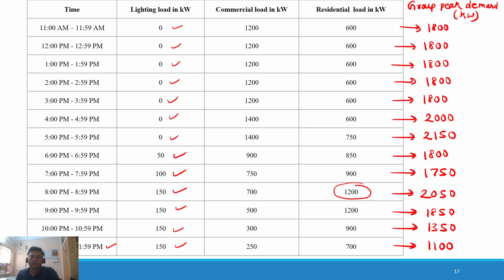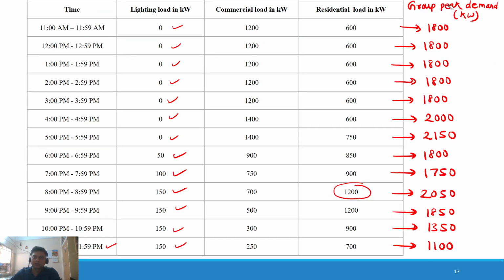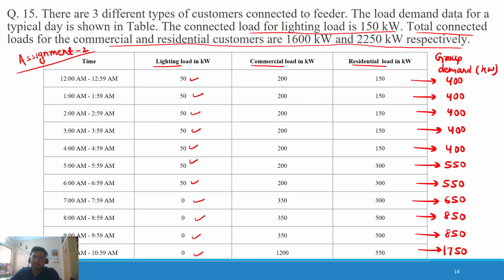So we have to find out the aggregate peak demand. This one is not the peak demand. We have to look at this table to see where the peak demand happens. What is the maximum demand for the feeder?